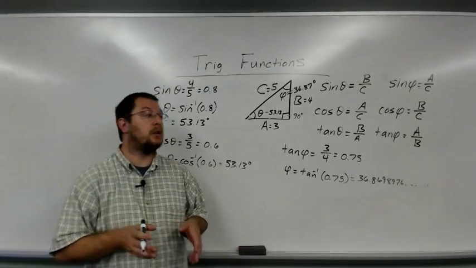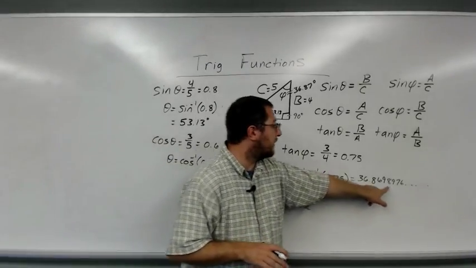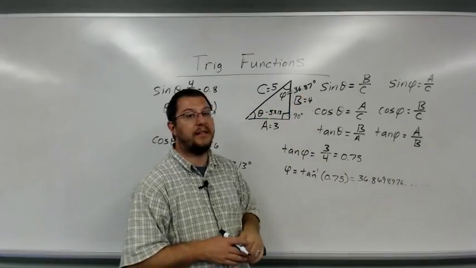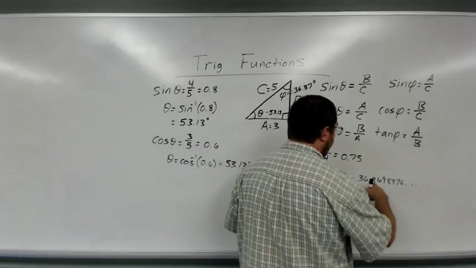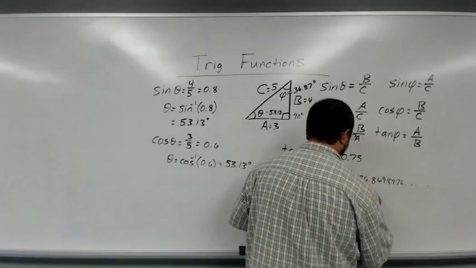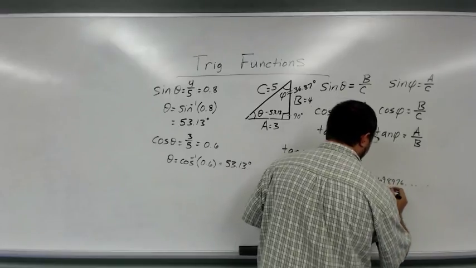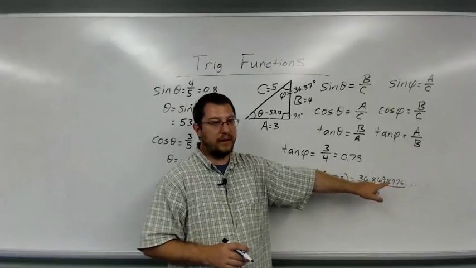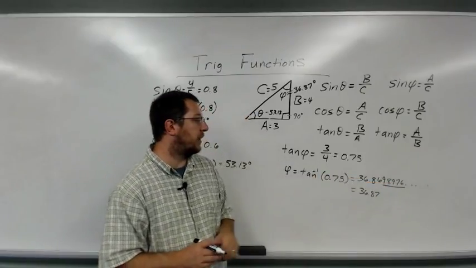Now, typically, that is far more decimals than we should include. But why am I including those here? To show you that this is extremely close to our prediction of 36.87. There was just a little bit of rounding here, but if I round this, it is 36.87, and that string of decimals allows me to more than adequately claim that I should round up to 7 if I'm only rounding to 2 decimals.